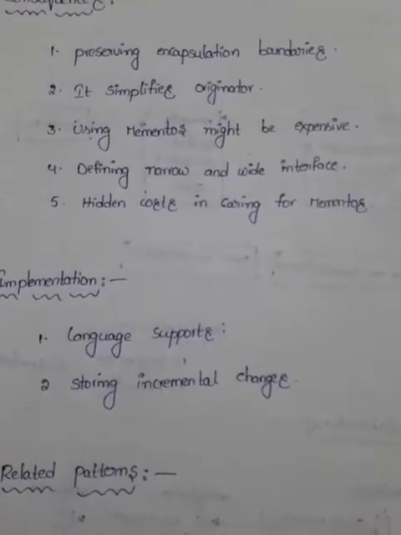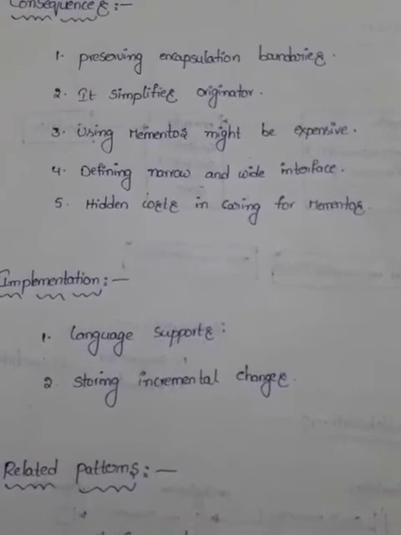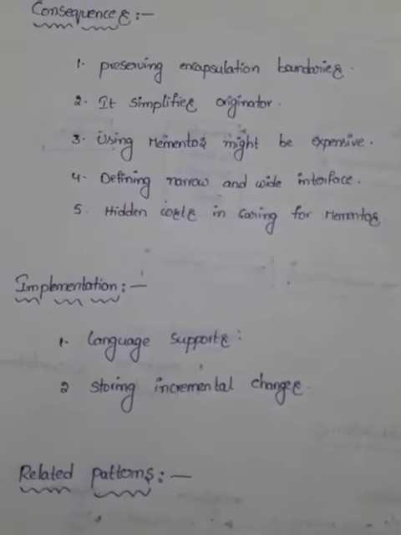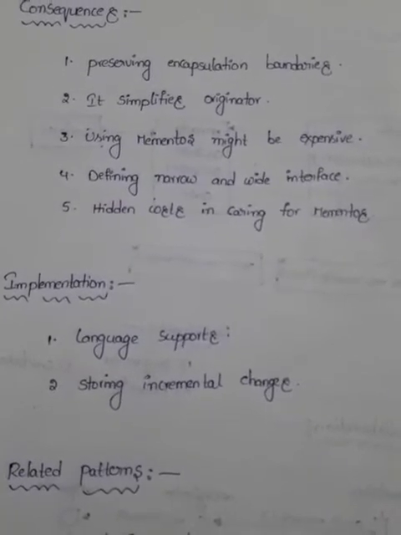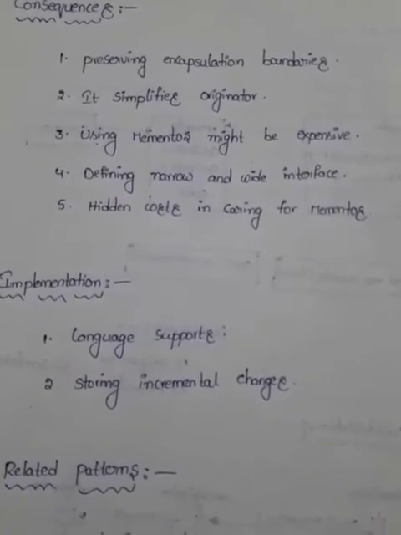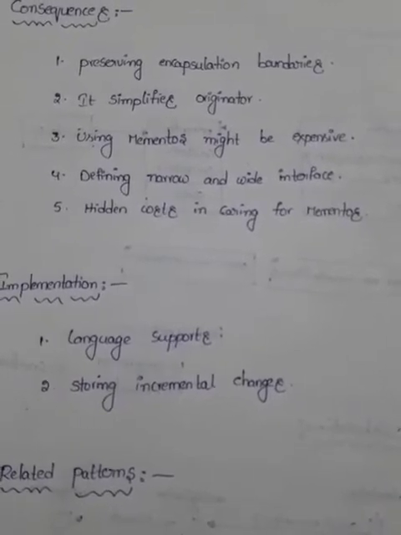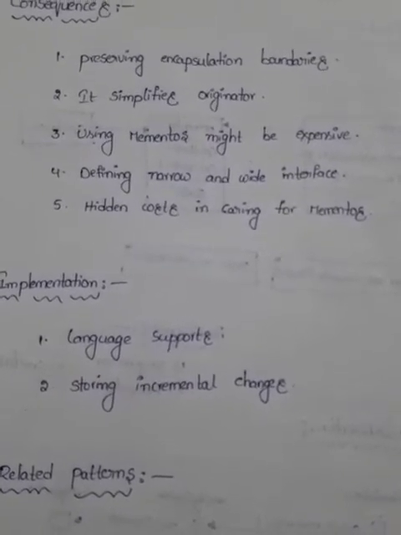And coming to the next one, storing incremental changes. When mementos get created and passed back to the originator in a predictable sequence, the memento can save just the incremental change to the originator's internal state.